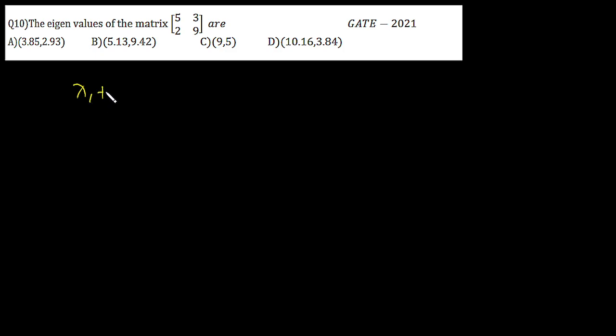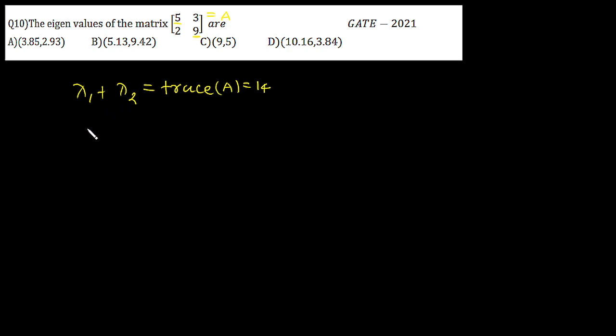Let's assume lambda 1 and lambda 2 are the eigenvalues. Because it is a 2 cross 2 matrix, if we add these two values, it gives the trace of the matrix. Let's call the matrix A. The trace is just the sum of the diagonal elements, here 5 and 9, so adding these we get 14.